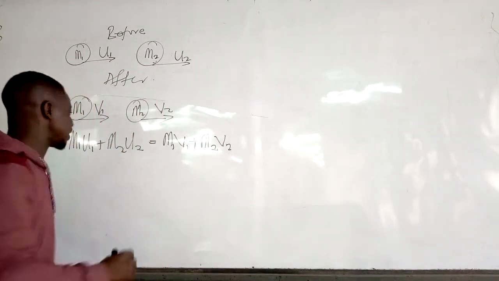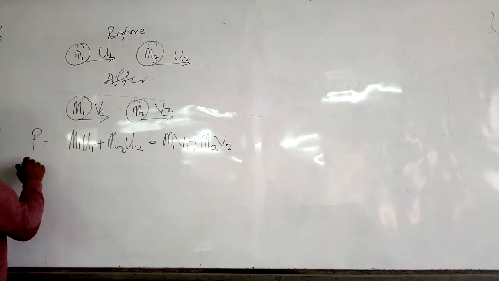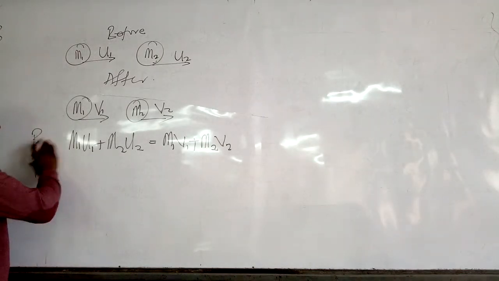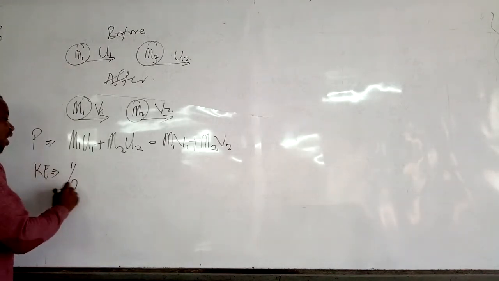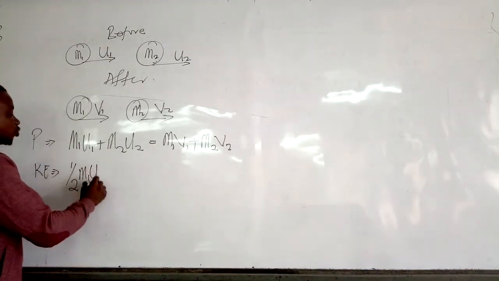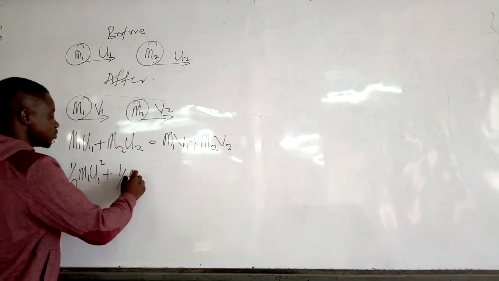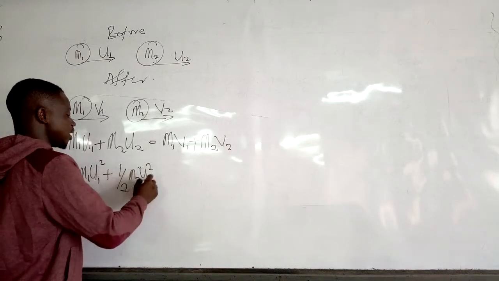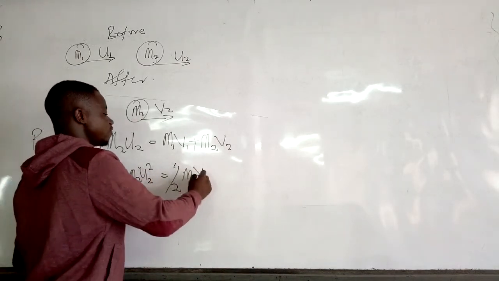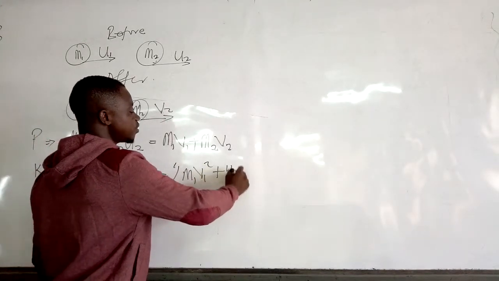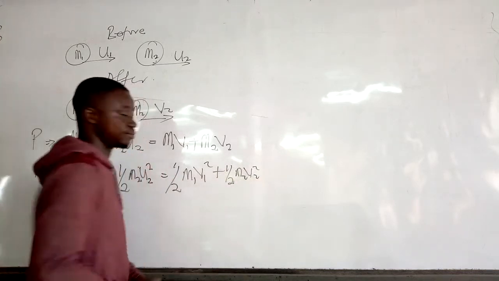When kinetic energy is conserved, we say that half M1 U1 squared plus half M2 U2 squared is equal to half M1 V1 squared plus half M2 V2 squared.